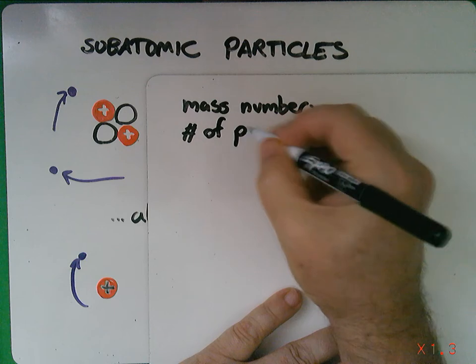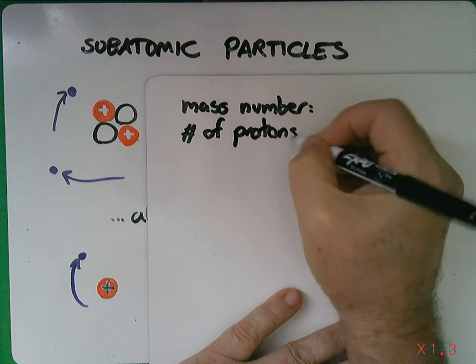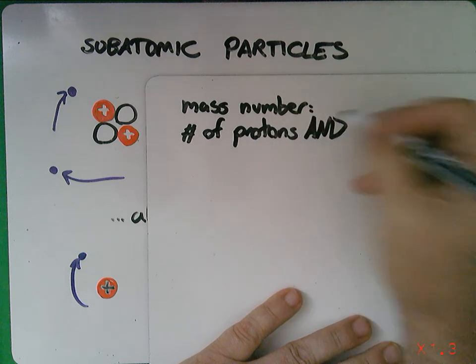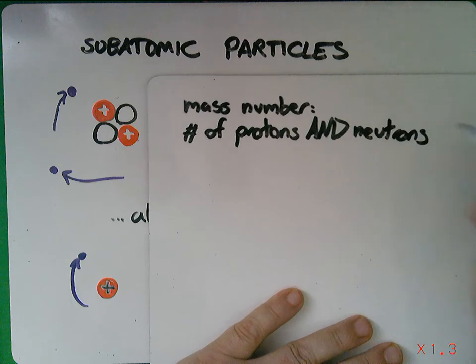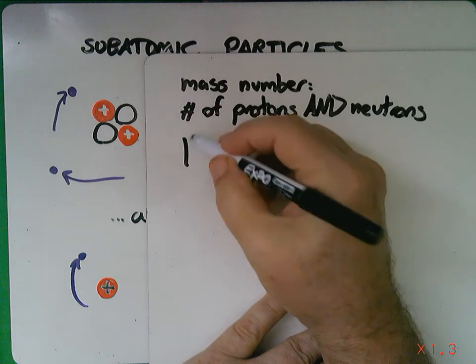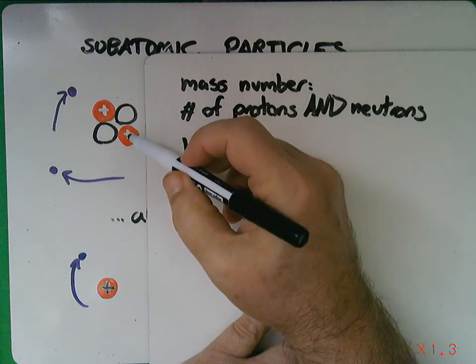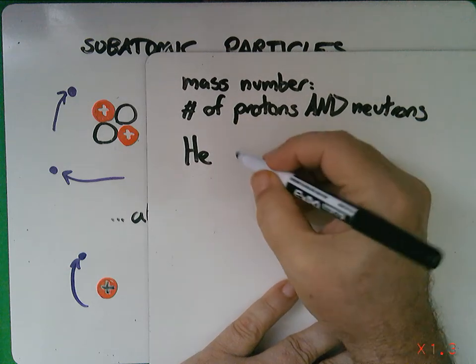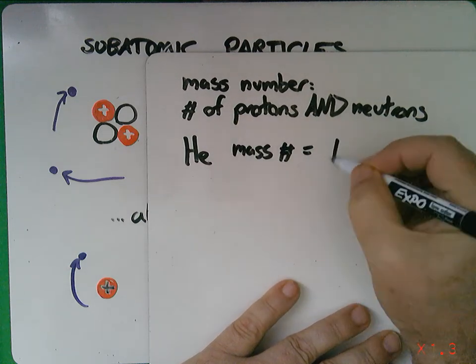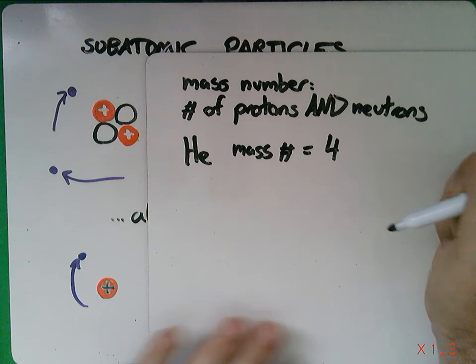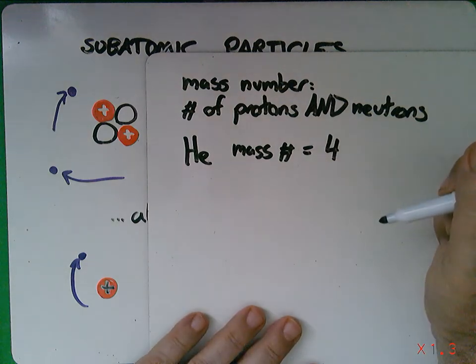It's the number of protons and neutrons. So for helium here, that we have over here, your mass number is equal to 4. It's a count of how many protons and neutrons you've got in the nucleus.